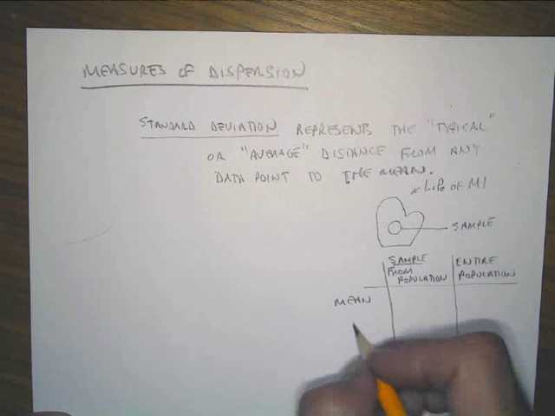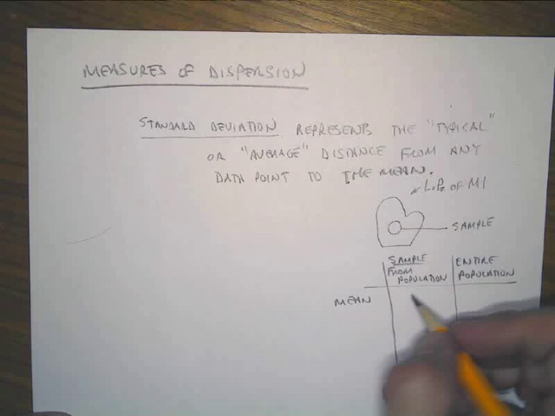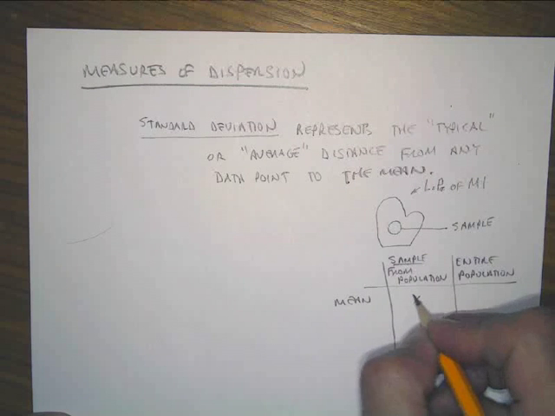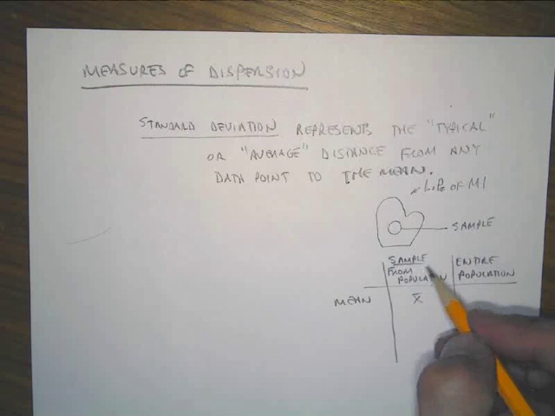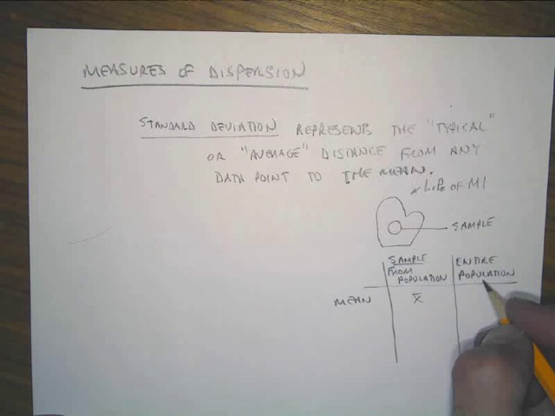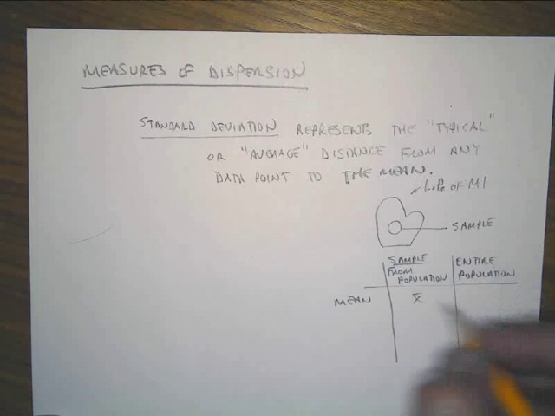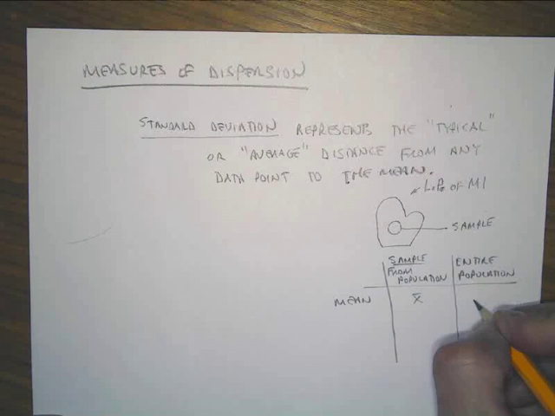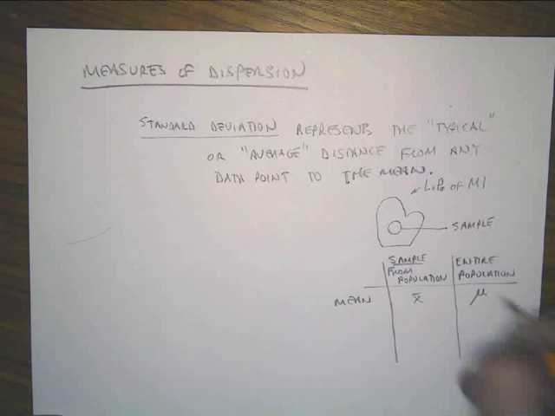We have a mean, which we represent by x bar if we're talking a sample from a population. But if we're talking the entire population, we represent the mean using the Greek letter mu, which looks like a letter U with a long tail on the front.